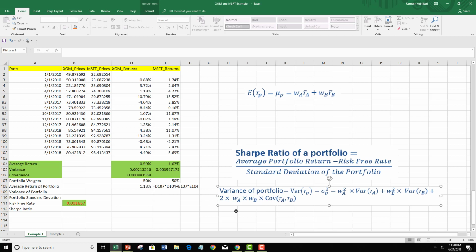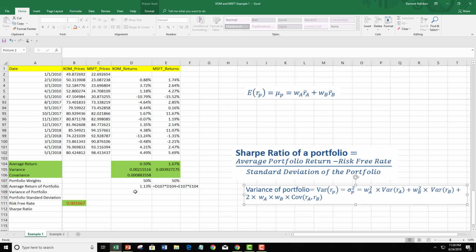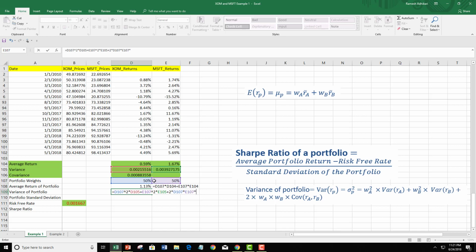So we have all this information here. I'm going to use this formula and compute the portfolio variance: the proportion of money spent on XOM, its square, times the variance of XOM stock, plus the proportion of money invested in MSFT, its square, times the variance of MSFT, plus 2 times the proportion of money invested in XOM times the proportion of money invested in MSFT times the covariance of these two stocks.